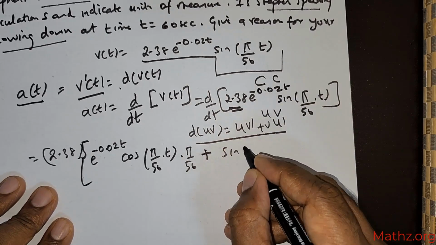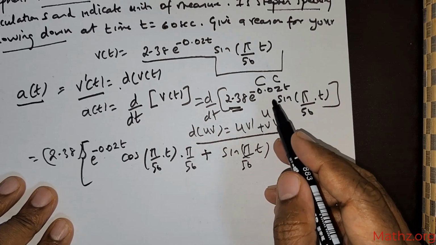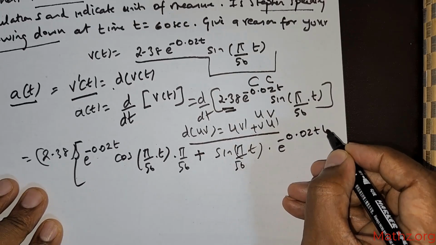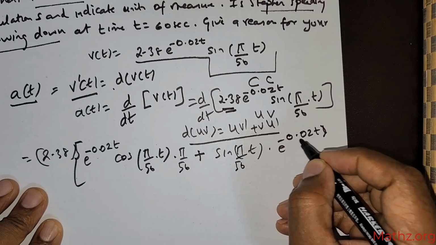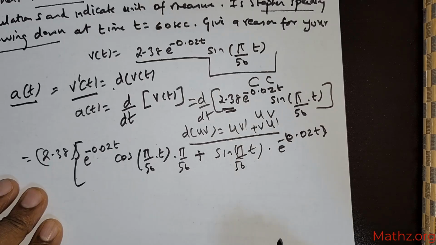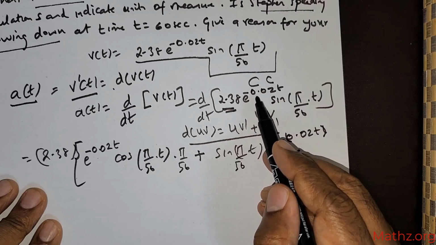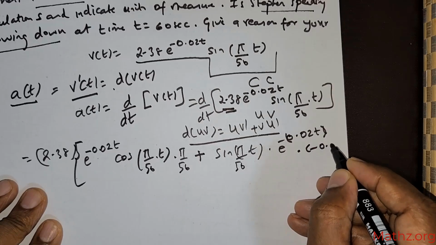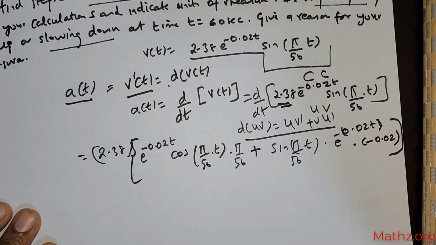So let me write that sine pi over 56 times t there, and when you differentiate e power x it is going to be e raised to the power of the same value, negative 0.02 times t, okay, times the differential of negative 0.02 times t. So that is going to be negative 0.02. That completes our differential for v of t.